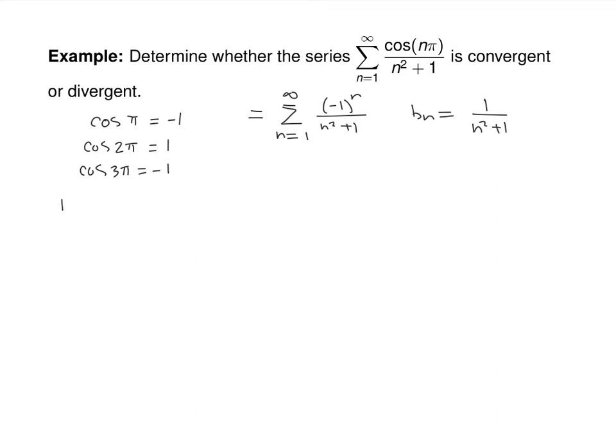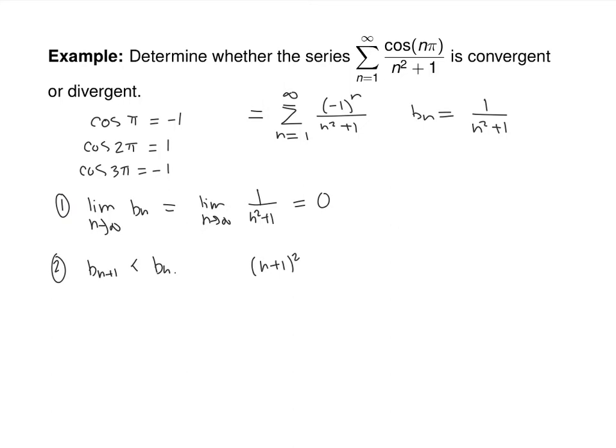Okay, so test first, the limit as n goes to infinity of the b_n's. That's the limit as n goes to infinity of 1 over n squared plus 1. That's obviously 0. The second thing we have to show is that b_(n+1) is less than b_n. Well, (n plus 1) quantity squared, plus another 1 is certainly bigger than n squared plus 1.